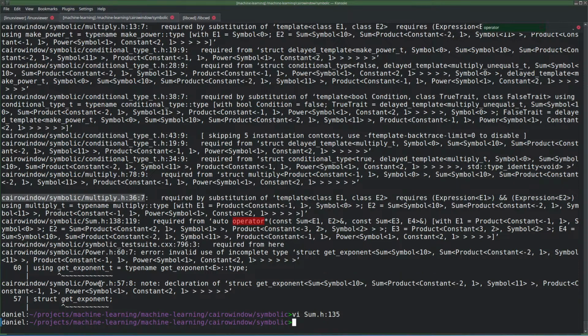So it's bottom to top is the way it is calling stuff, or it's not really calling stuff because it's compile time type instantiations, but nevertheless, this thing calls, in between quotes, multiply t with e1 is a constant times a symbol, and e2 is a sum of a symbol and another sum.